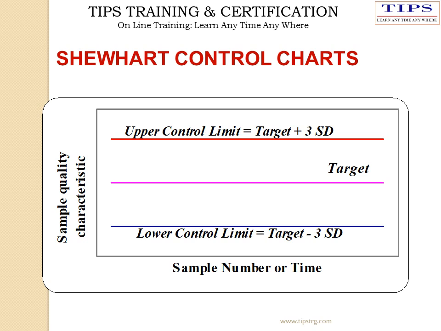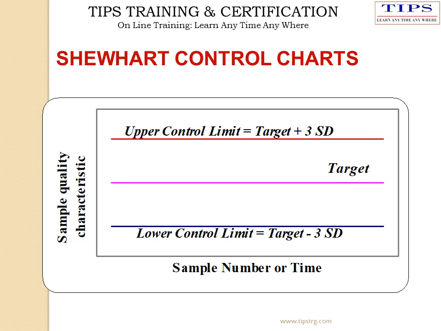Control chart is also called as Shewhart control chart as it is invented by Walter Shewhart. Here, the basic concept about the control charts is given. The pink color line represents the target, that is mean of the process. Upper control limit is equal to target plus 3 standard deviation, which is represented by red line.